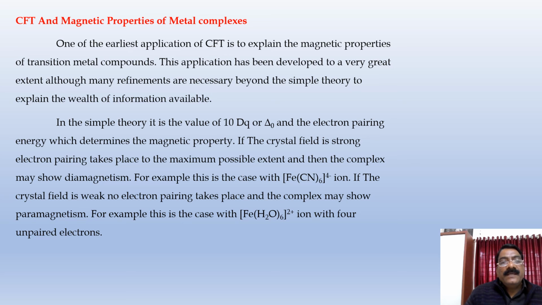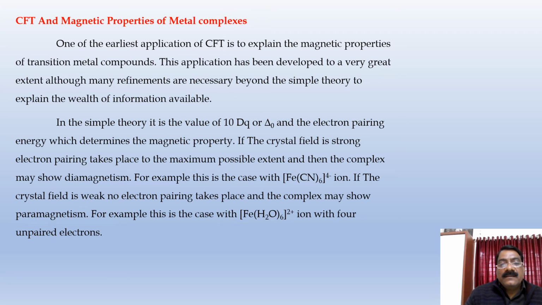In the simple theory, it is the value of 10 Dq or delta O and the electron pairing energy which determine the magnetic properties. If the crystal field is strong, electron pairing takes place to the maximum possible extent, and then the complex may be diamagnetic.